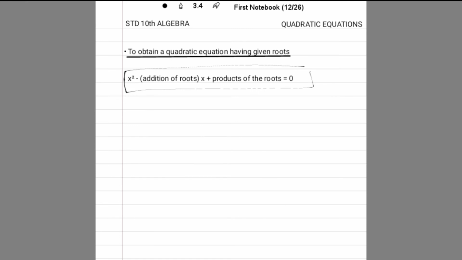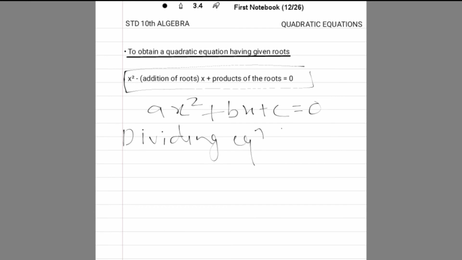So for now we can just consider the general form of the quadratic equation, that is ax square plus bx plus c is equal to 0. If we divide this equation throughout by a, what we will get is a divided by a x square plus b by a x plus c by a is equal to 0.